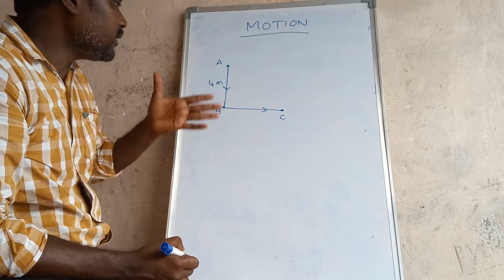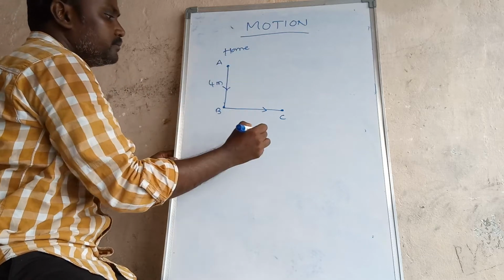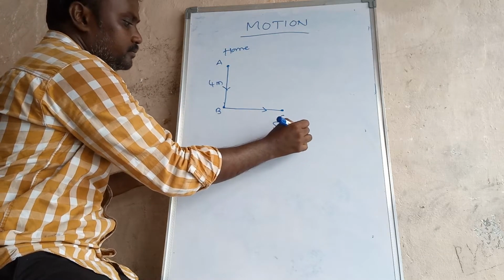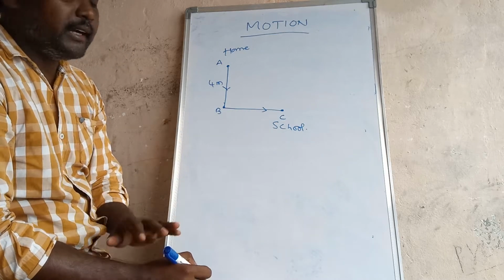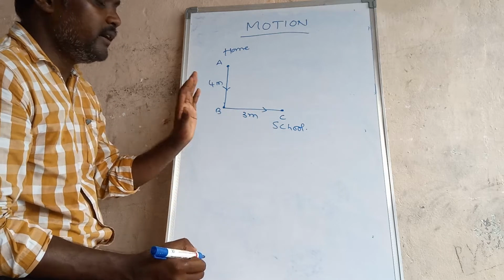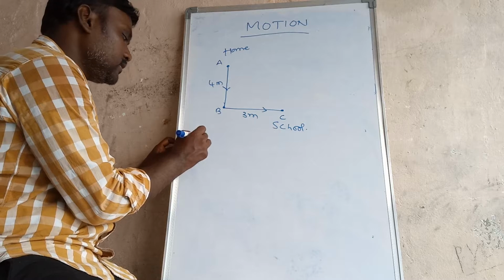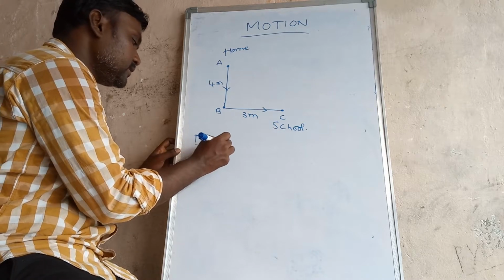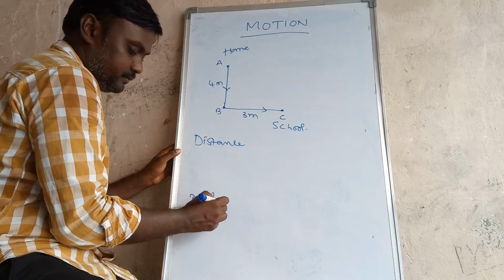You are traveling from your home to school, let us say. For simplicity of calculation, I am taking this as 4 meters and this as 3 meters. In this particular case, I want to discuss distance and, next, displacement.